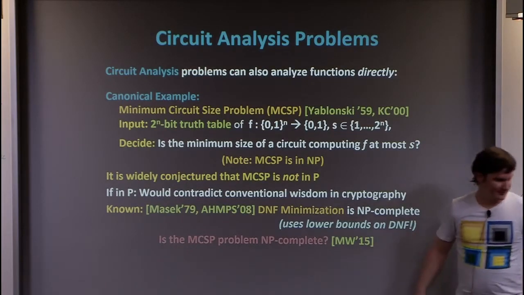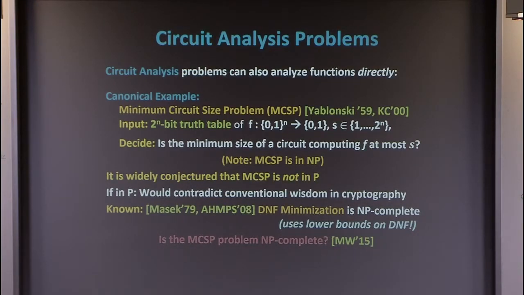We've shown that if it is NP-complete, then it would require techniques that are not like any other polynomial time reduction we've ever seen. What we show is that if MCSP is NP-complete under poly time reductions, then EXP is different from ZPP.